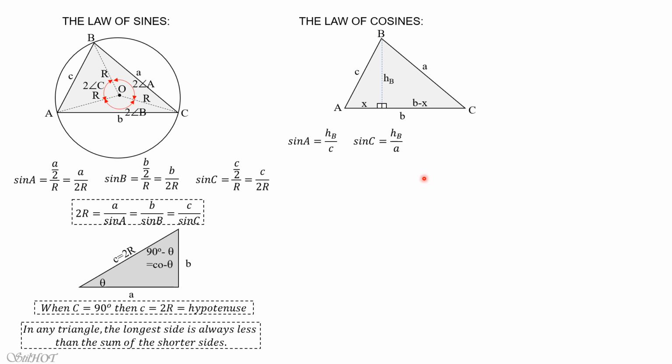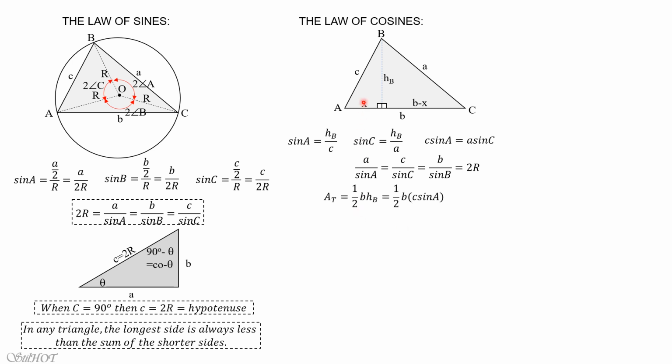So equating h sub B, we have c sine angle A equals a sine angle C. That's how we form the law of sines here, another derivation. So a over sine angle A is equal to c over sine angle C. We simply extend it to b over sine angle B, which is equal to the diameter of the circumscribing circle. So this is the other way of deriving the law of sines.